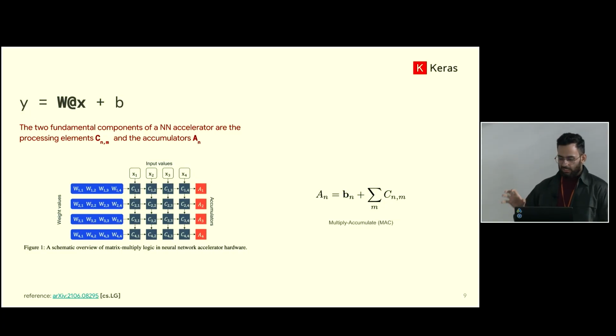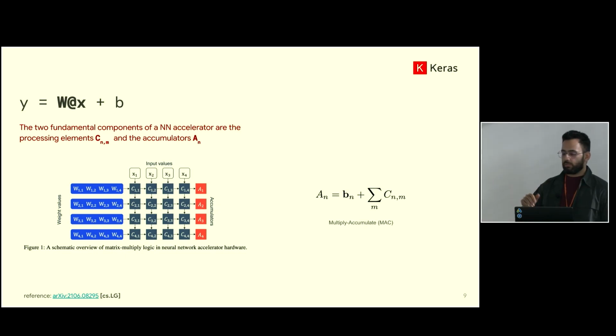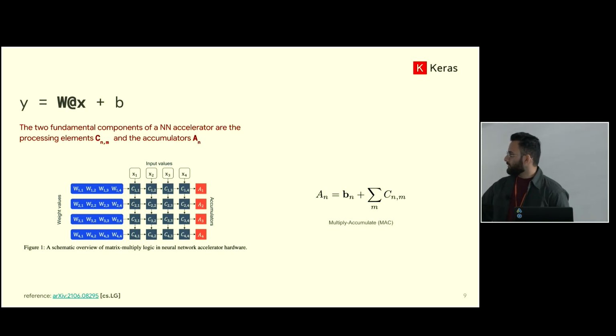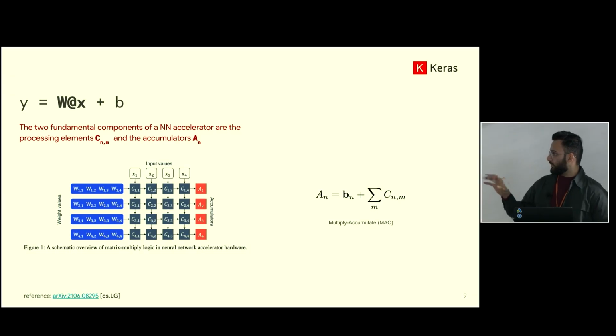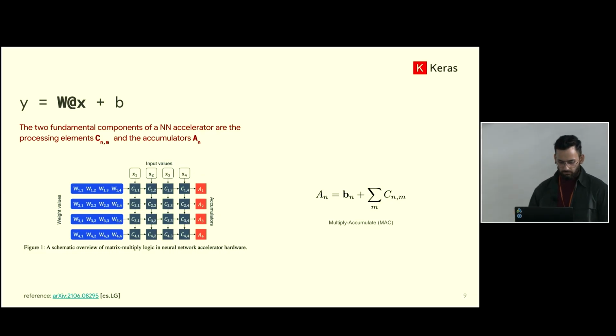So this accelerator is made up of two main units. One of them is the processing element, which is represented by C here in the 16-element array, which is a 4x4 grid, and the accumulators, which are represented by the letter A on the right-hand side in the red boxes.